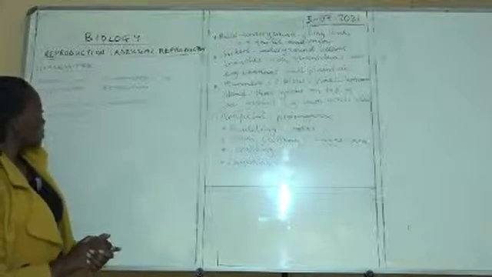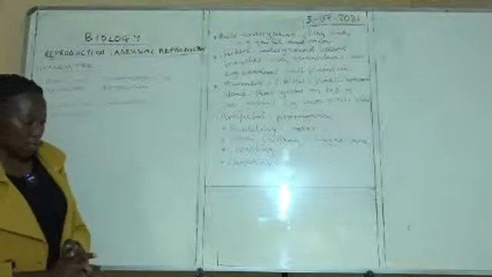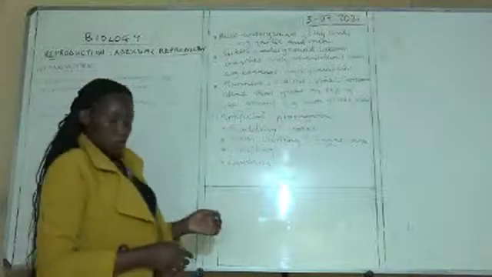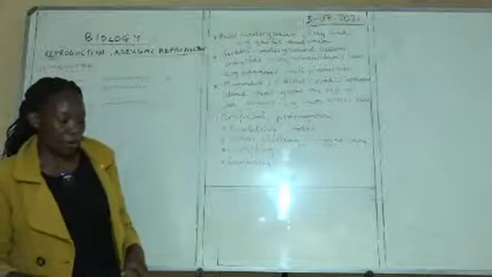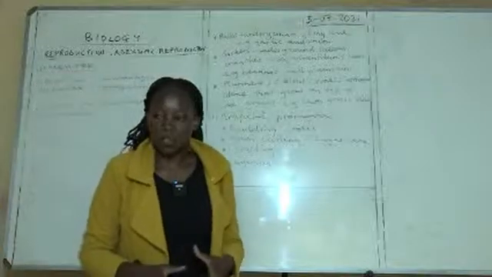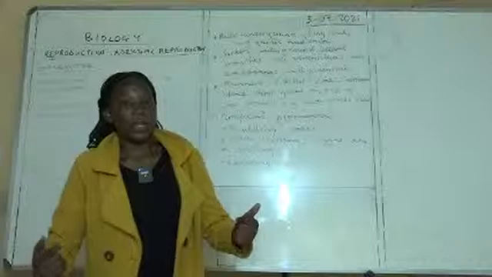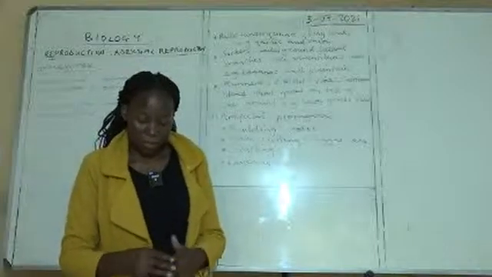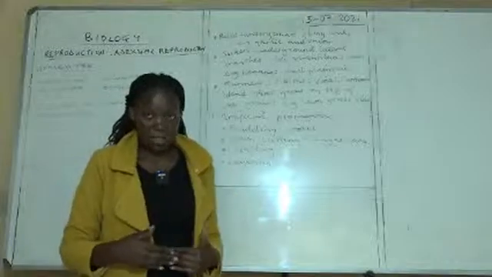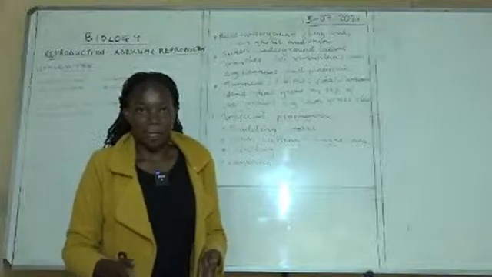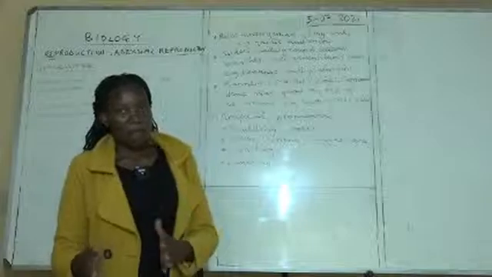Okay, so next time we meet, grade 12s, we're going to look at sexual reproduction in a flowering plant. So I want you to look into what sexual reproduction in a flowering plant is. First of all, before you get into the definition, you know what sexual reproduction is. There will be fusion of gametes here, and you know that we'll be talking about a flowering plant.